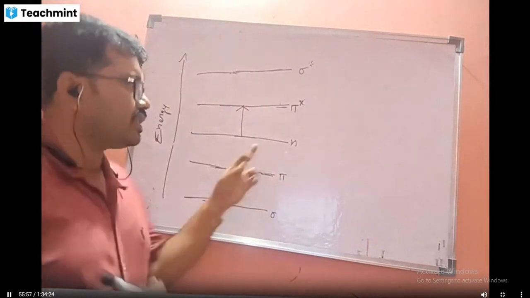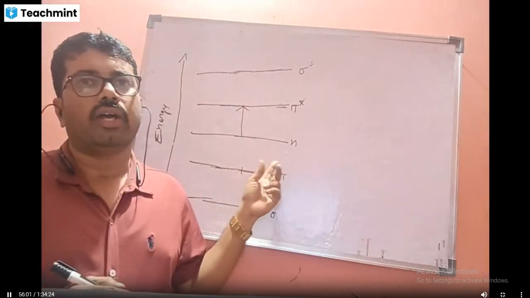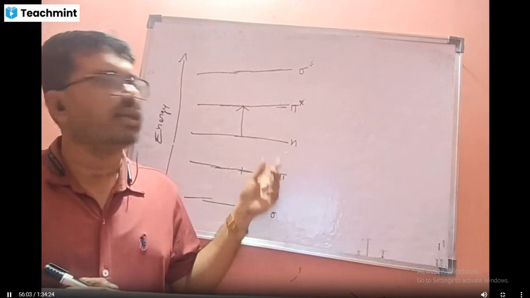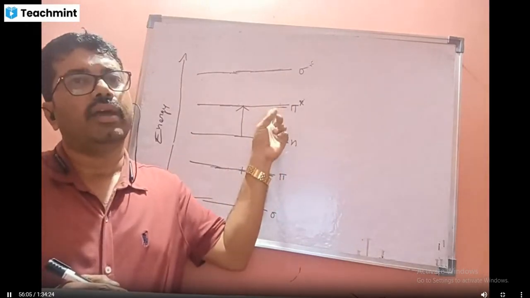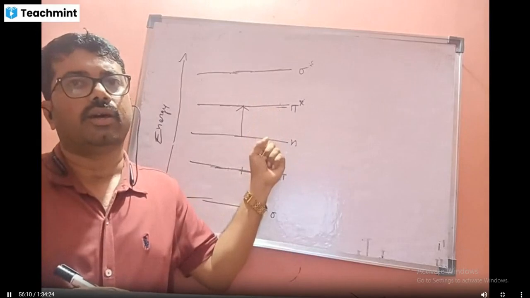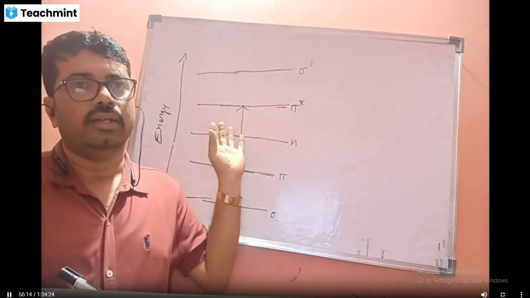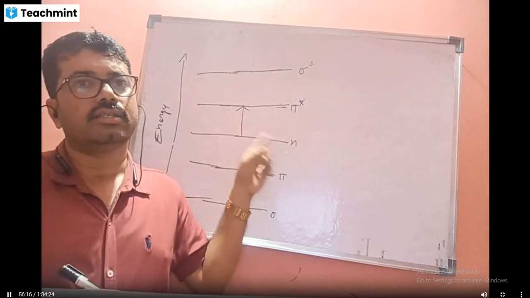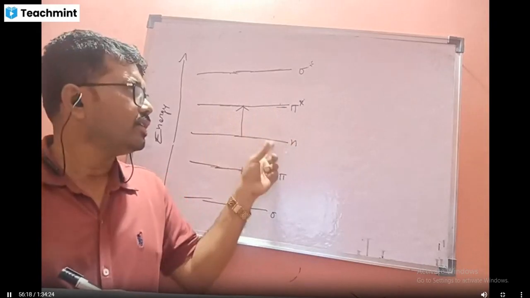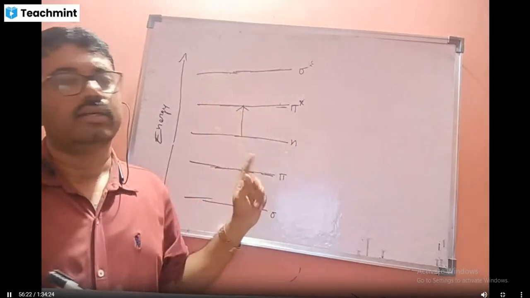So the transition takes place when a non-bonding heteroatom electron gets promoted to an anti-bonding pi orbital. This type of transition requires the least amount of energy among all these transitions.